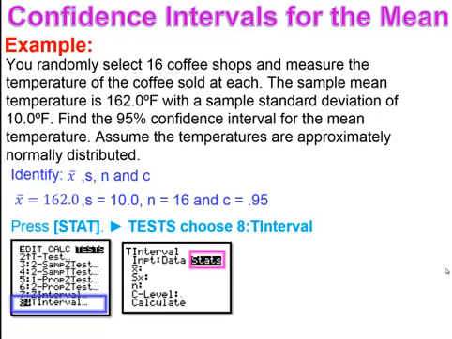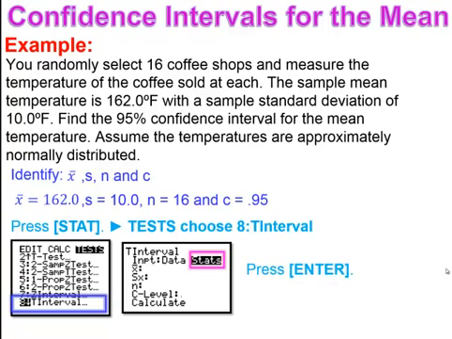And then you'll go down and enter in your mean, your sample standard deviation, the sample size, and the level of confidence. A key note here is that you do not need to enter in degrees of freedom into the calculator because it already does the calculation for the degree of freedom for us.